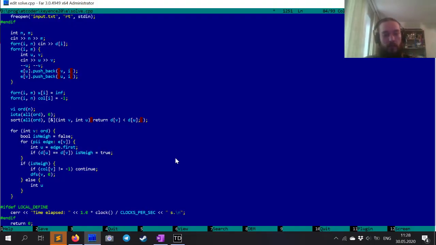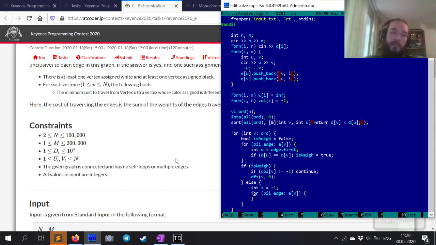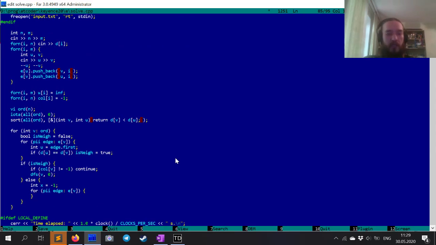So let's say that this neighbor is X. Initially we didn't find it, so let's put it to -1 to mark that we didn't yet find it. So we iterate over our neighbors again. So this is our neighbor.